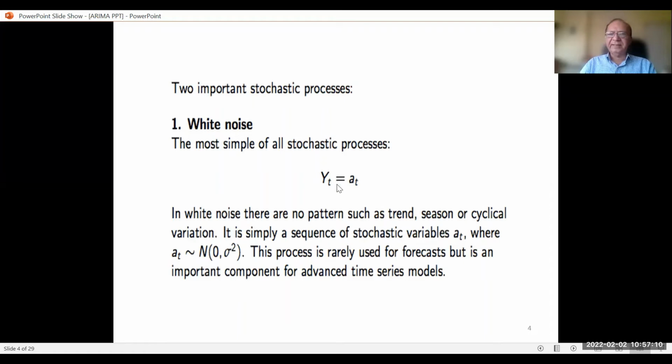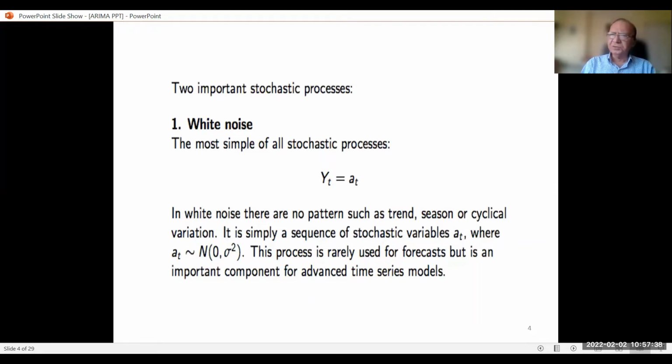For instance, YT is equal to AT, where AT is normally distributed with mean 0 and some variance. This process is rarely used for forecasting, but is an important component for advanced time series models.